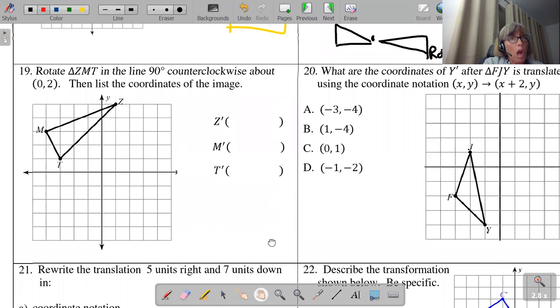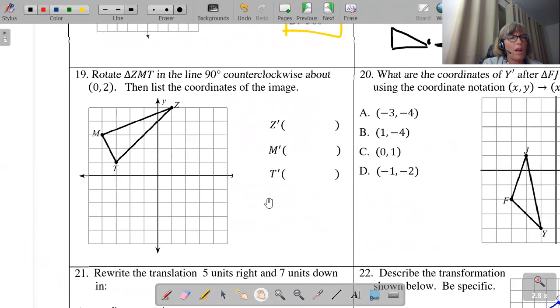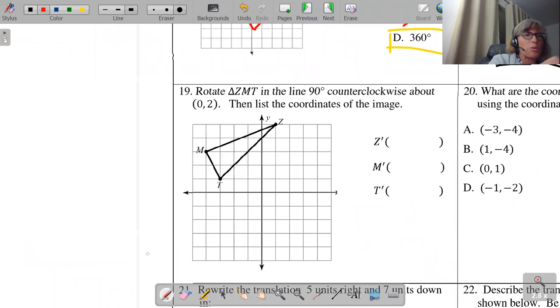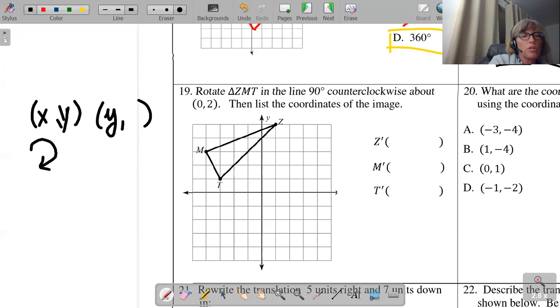Okay, rotating clockwise and counterclockwise. Wow, this is a lot of information for just the first 2 units. To rotate clockwise, to the right, I'm just going to draw a clockwise arrow. You switch the order, and then you flip the sign on the right.